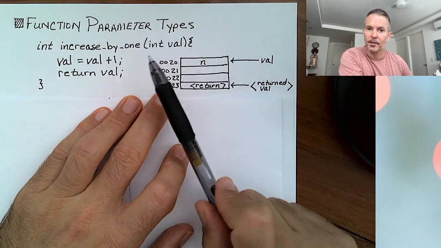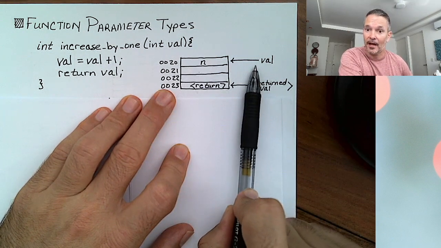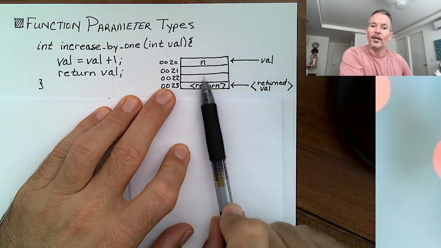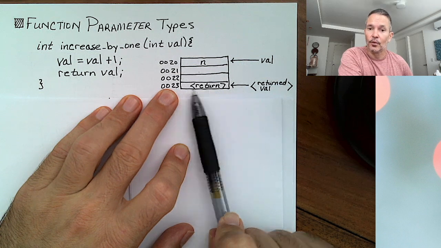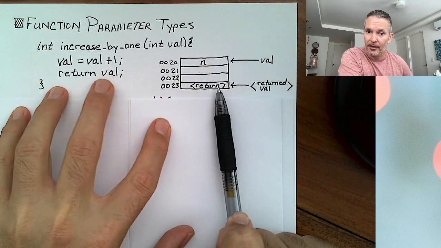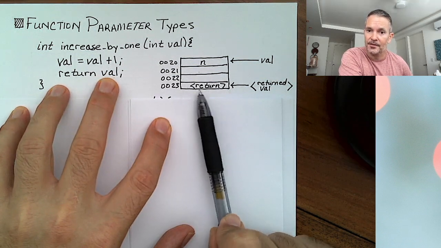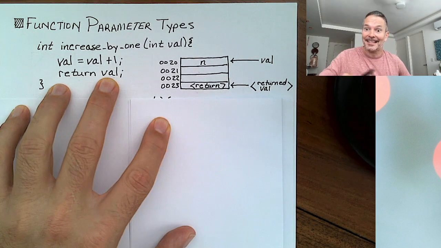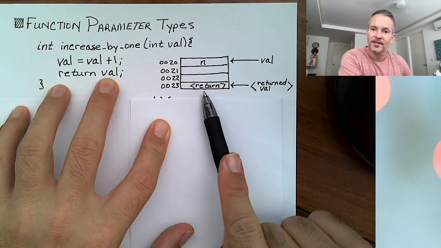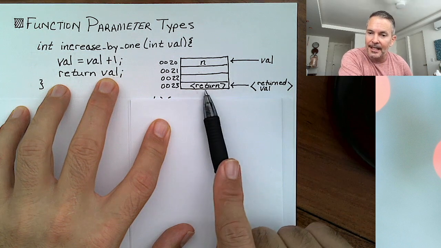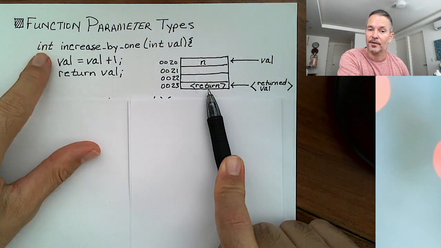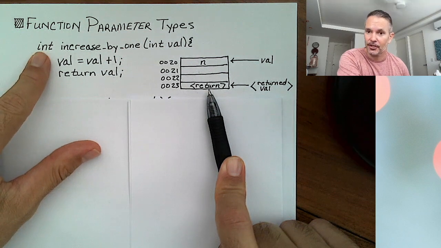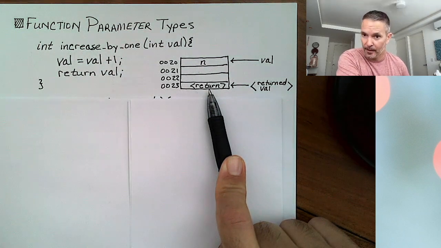And we can refer to it in the function using the name val. Now, we also reserve an area of memory that will be used for the return value. Whatever value I return will also get stored in memory, and when I exit the function, the value in this piece of memory gets returned by the function, and we can do whatever we want with it.